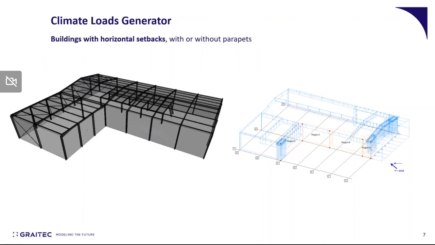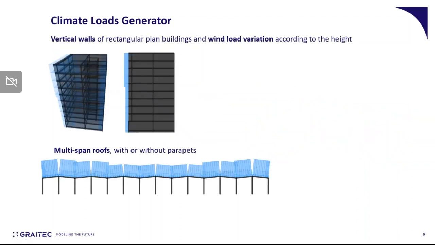The climate load generator can deal with buildings with horizontal setbacks, with or without parapets. Vertical walls can be used as well and identified by the climate load generator, and the wind load variation can be calculated on those structures as well.